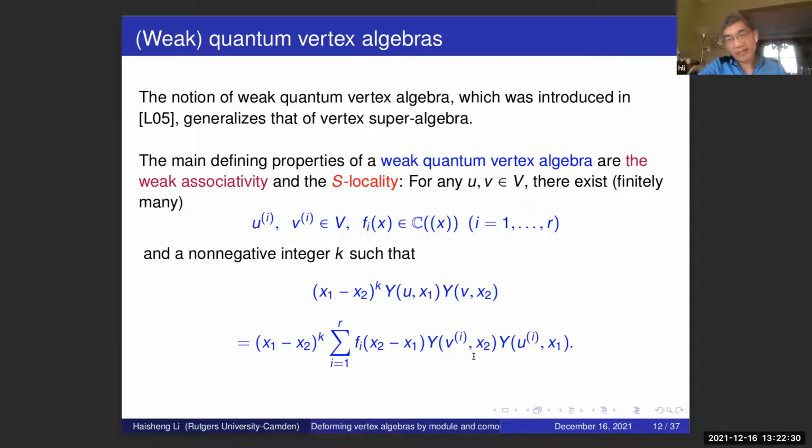On this side is a finite sum, and the coefficients are not just constants, but instead functions. So that's the definition. Something is a little bit uncertain because they just exist on the right side, but that is good enough when you do some theory.